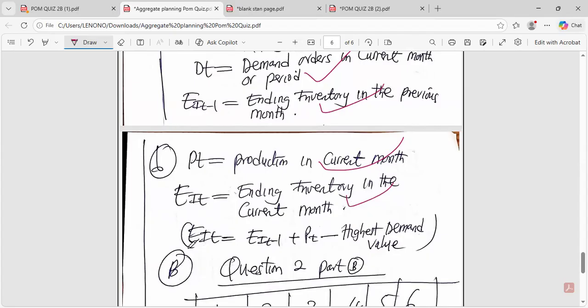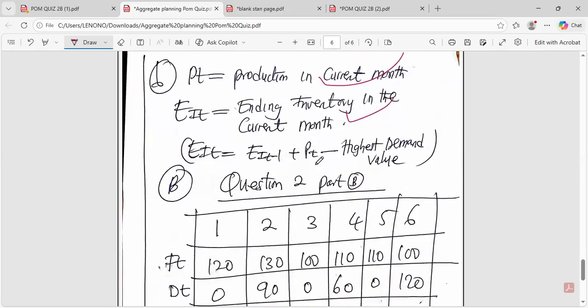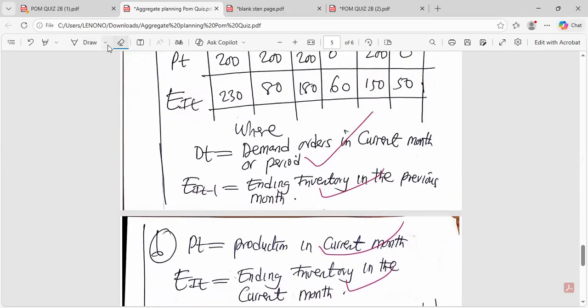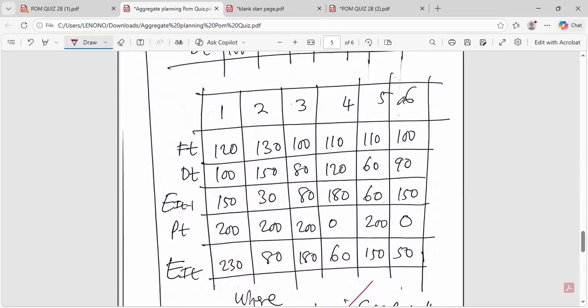So our ending inventory in the current month is equal to ending inventory in the previous month, plus production, minus the highest demand value for the period. This is just about what you need to know concerning these ones, and this is what they represent. These ones were given. So our beginning stock was 150.